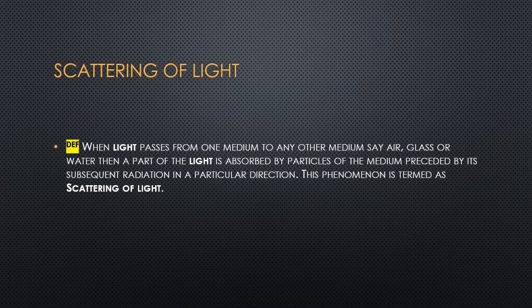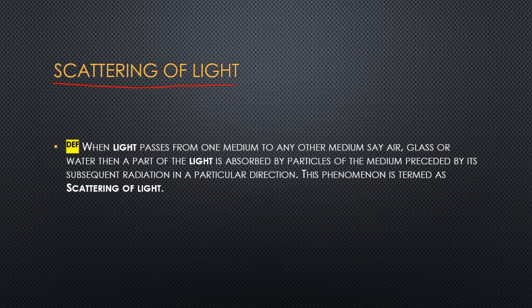Okay, the next topic that we're going to learn is scattering of light. What does the scattering of light mean? Scattering is a very common English word which means to scatter, to spread. So let's understand what the scattering of light means.